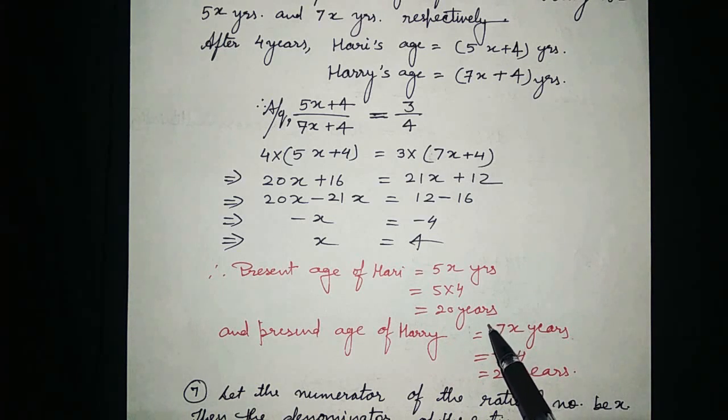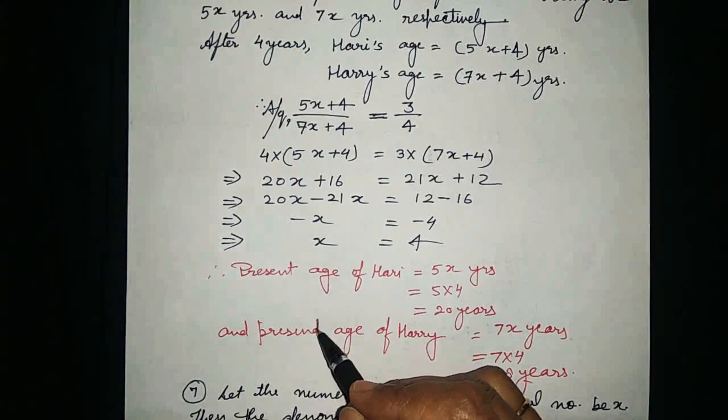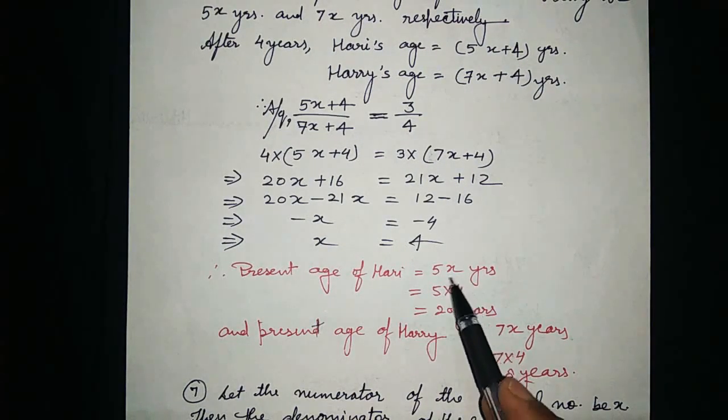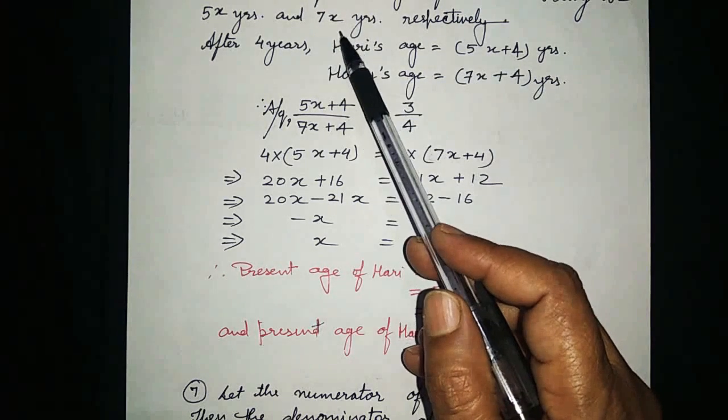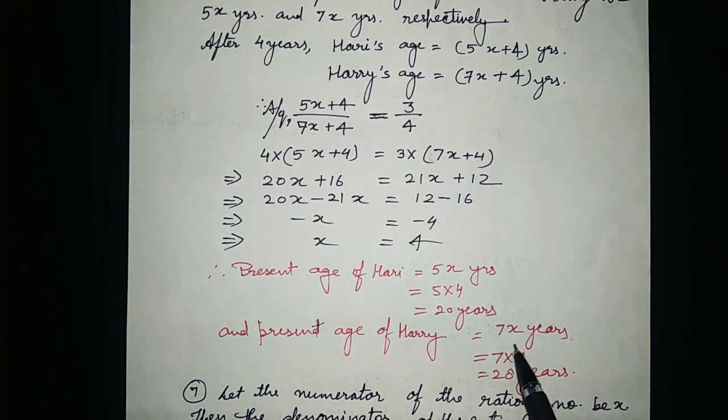For the present age of Harry, we will put the value of x in 7x. After putting the value in 7x, 7 into 4, we get 28 years. So the present age of Hari is 20 years and the present age of Harry is 28 years.